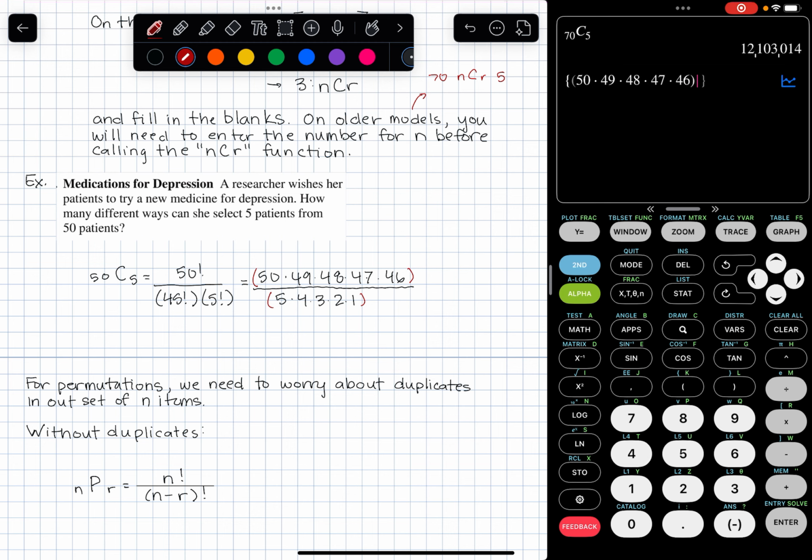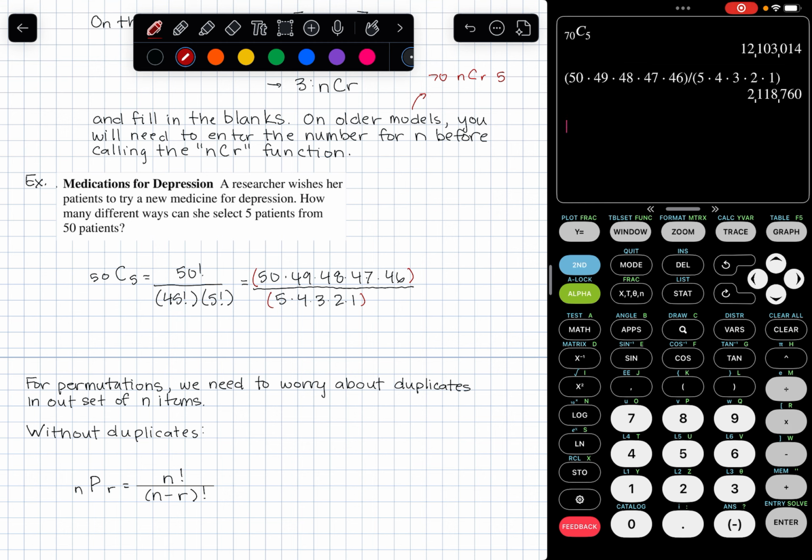Oh, did I do that right? Oh no, hold on. Sorry, I pressed the wrong button. And then same thing for the denominator, 5 times 4 times 3 times 2 times 1. And we get 2 million something.